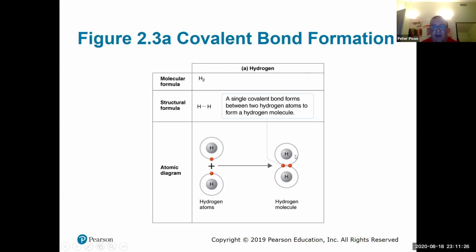They're sharing. From the point of view of this hydrogen, it has 2 electrons and is happy. From the point of view of this hydrogen, it has 2 electrons and is happy. They're sharing the pair.